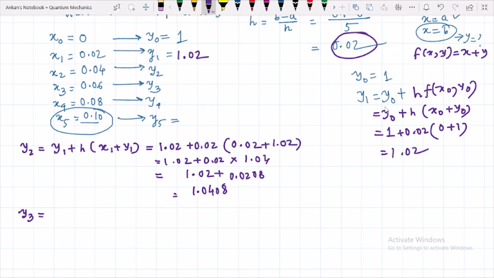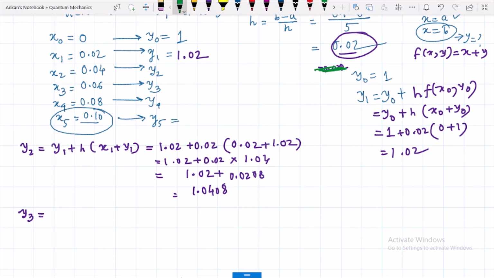If I had to choose h even smaller than 0.02, suppose 0.002, then the solution would also be difficult. That is a great disadvantage of Euler's method. Again, if you do not choose h to be small, then the solution of y becomes erroneous. These are the disadvantages of Euler's method.